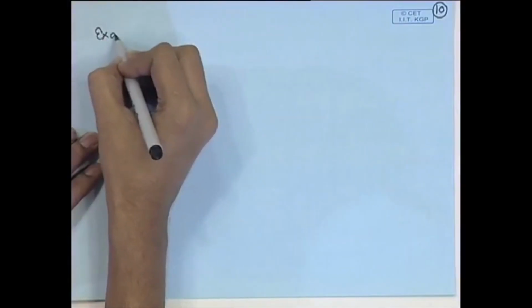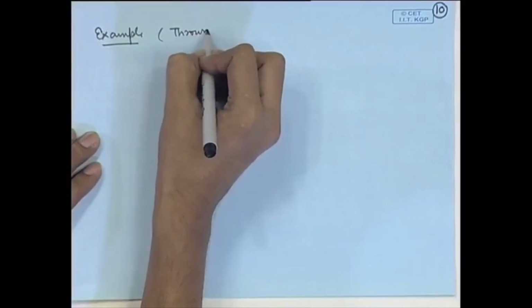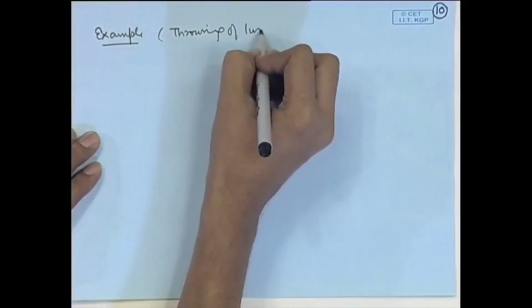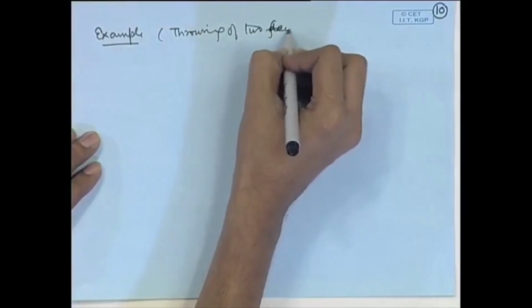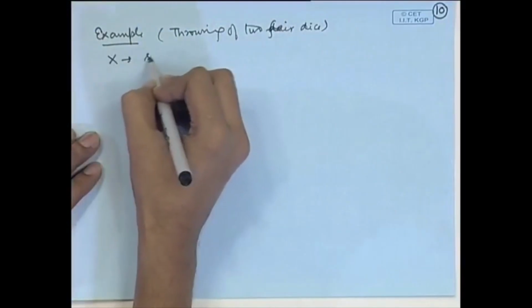Let us take one more example, that of a die throwing problem, where I defined the random variable to be the sum of the two dice. So, in that example, consider the throwing of two fair dice, and the random variable X was the sum.